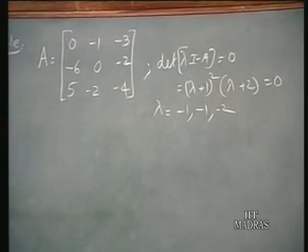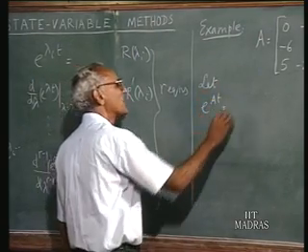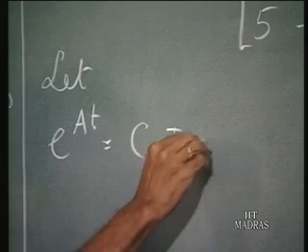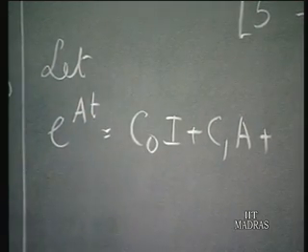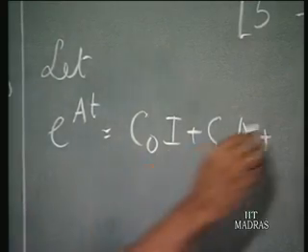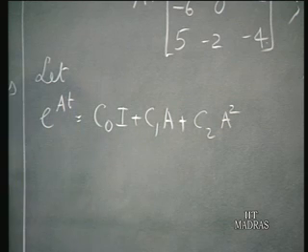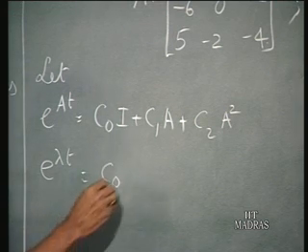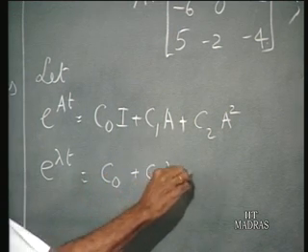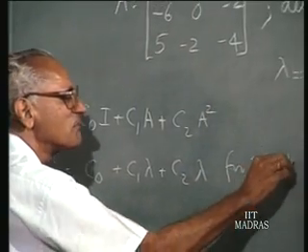So now let e power At equal c0 I plus c1 A. Since this is of order 3, we have to go up to the second power of A, c2 A square. To evaluate c0, c1 and c2, we fall back on the scalar equation, e power lambda t equals c0 plus c1 lambda plus c2 lambda square, for lambda equals minus 1 and minus 2.